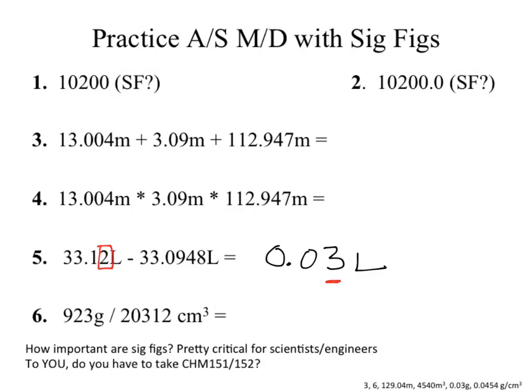Last one, which I think will be interesting just because of the units. If we trust my calculations, we come up with 0.0, oh man, another 454. 454. We're doing division, so we go based off the fewest number of sig figs. So we've got 3 sig figs in that first number, so our answer gets reported to 3 sig figs. 454.